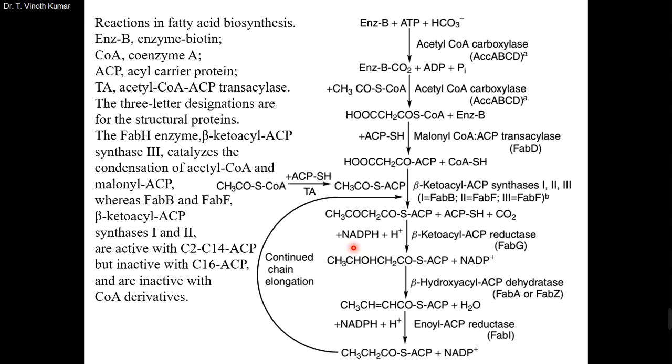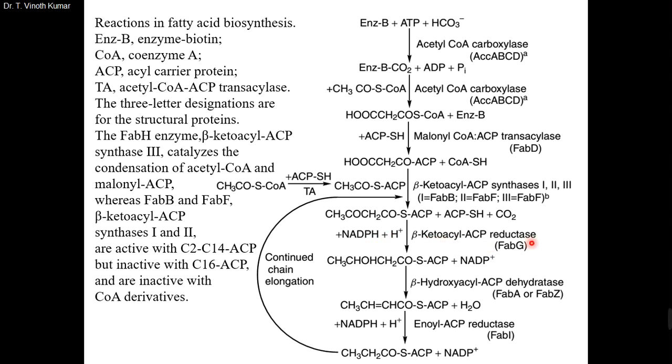All the nucleic acid bases are attached with this sugar, called pentose; ribose is a sugar, either ribose or deoxyribose depending on RNA and DNA. DNA has deoxyribose and RNA has ribose. So this NADPH is coming from the HMP shunt pathway, and in plants it is from the chloroplast.